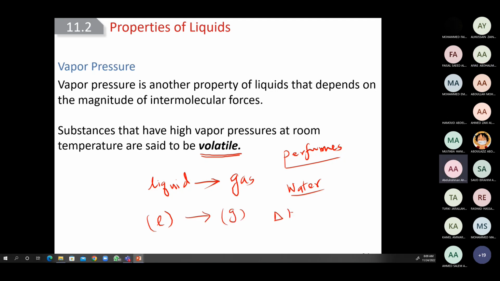We call this delta H, right? Yes. What type of delta H is this one? Endothermic. Yeah, but what type? We call it delta H evaporation. Exactly. Is there a relation between delta H evaporation and volatility?